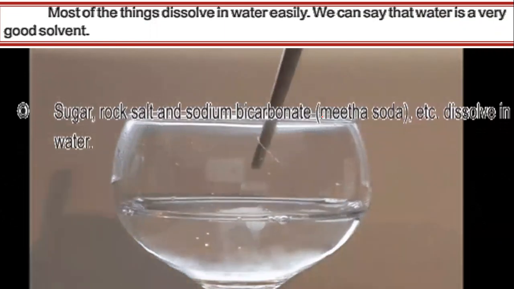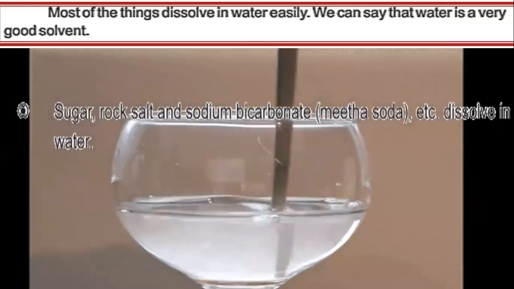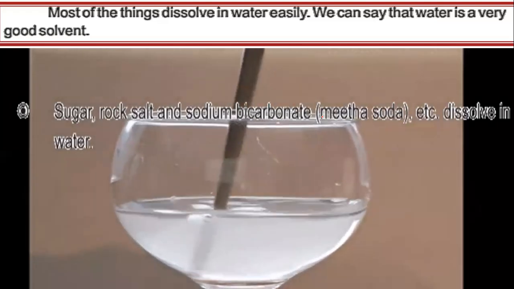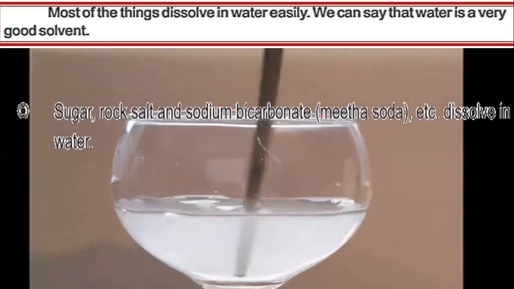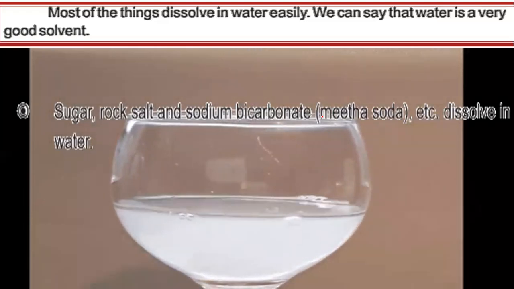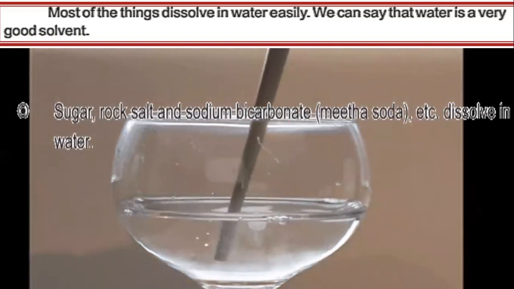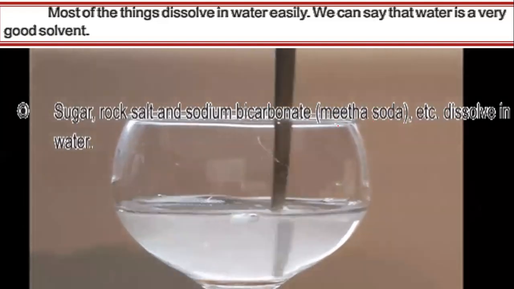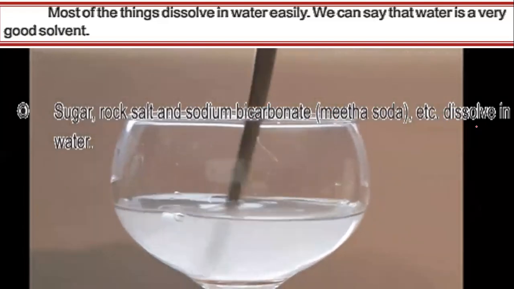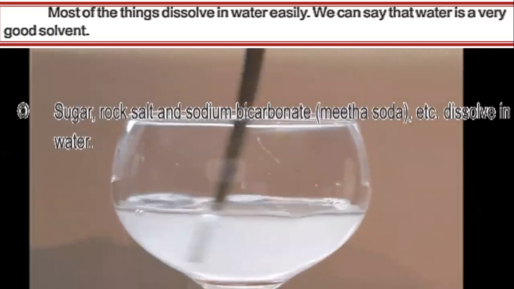Let's see some examples of things which can dissolve in water. Number one is sugar and rock salt. What is rock salt? Yes, the salt which we use for cooking. Sugar, salt, sodium bicarbonate, which is also called meta soda or baking soda, used for baking purposes, and lots of other things dissolve in water.